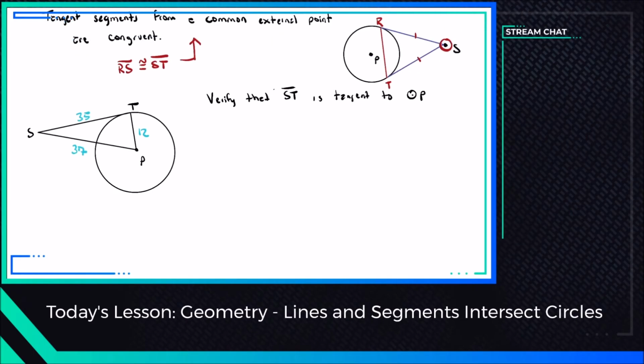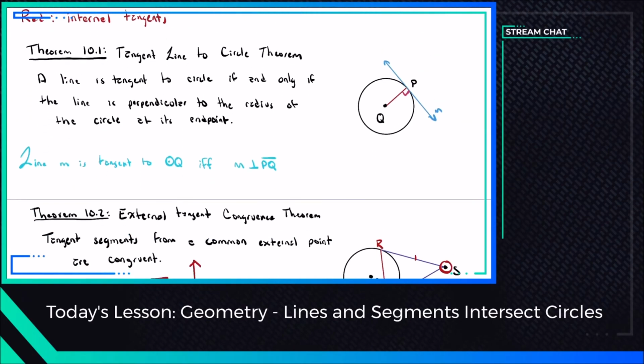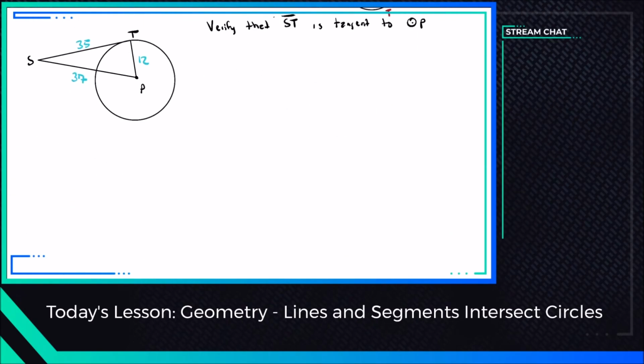Well, we just said up here in this first theorem that a tangent line is perpendicular to the radius. And we notice that the radius of this circle is highlighted here in purple. And so for this to be a tangent line, we need this segment ST to be perpendicular to the radius TP.